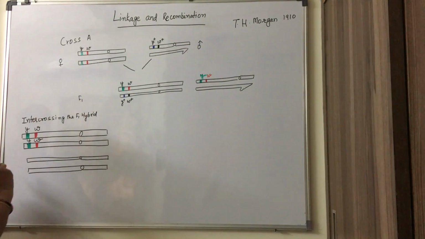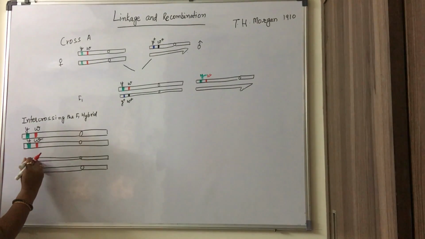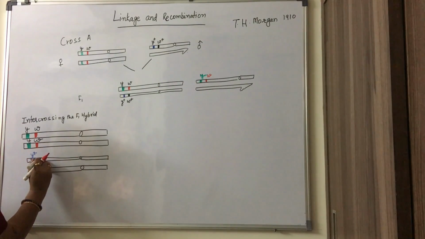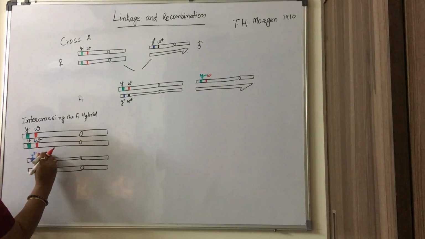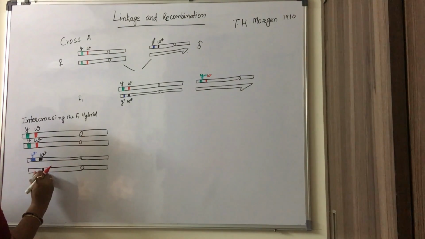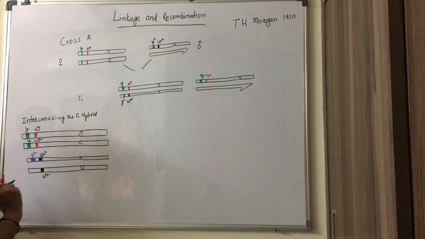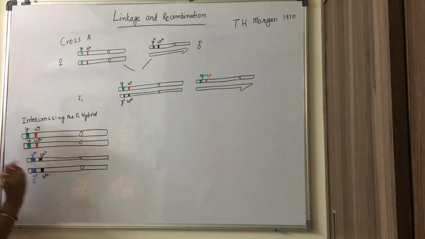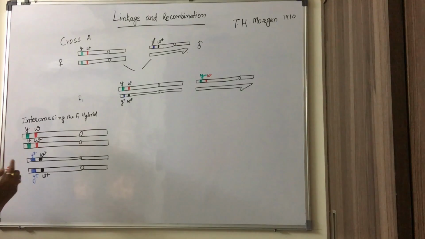Now this chromosome has Y plus, this I will say is Y plus, and this I will say is W plus. Likewise, this is its sister arm, so it is W plus, and this is Y plus. So what happens?